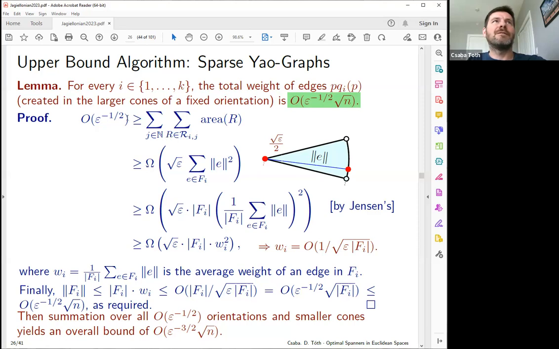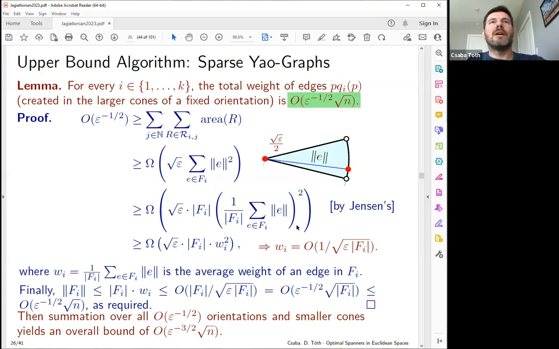So the total area is this much. That was the previous slide. So what is the area of a single sector? It has the center angle of square root epsilon. The radius is the length of the edge. So up to a constant, square root epsilon times edge length squared is the area of each sector.